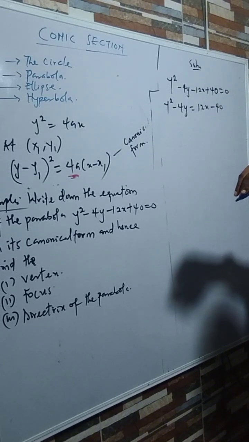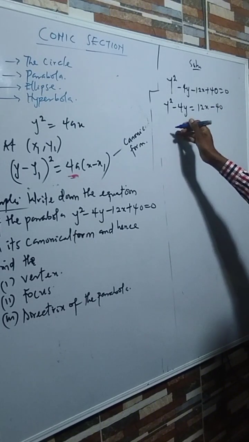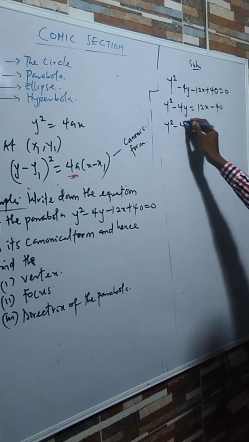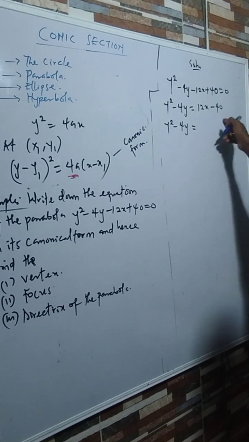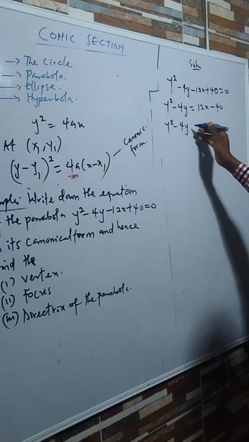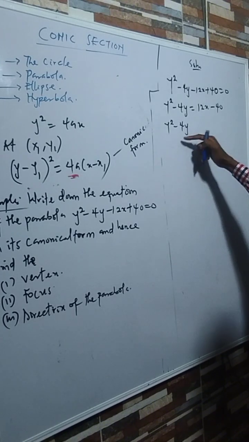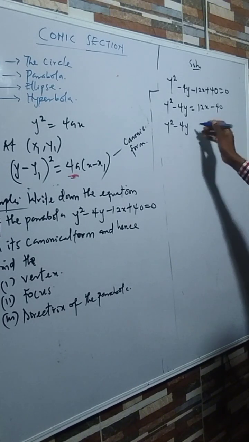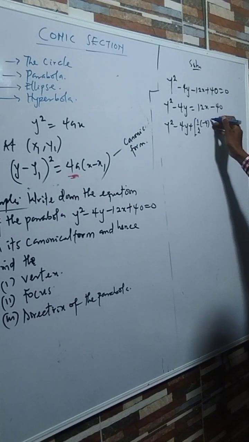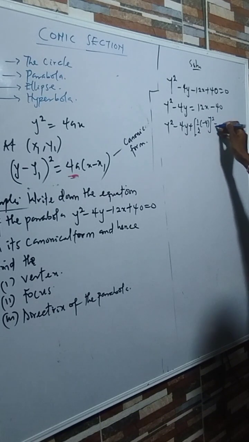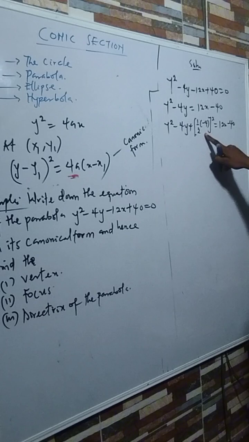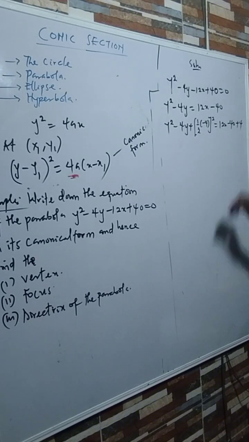So this will give you y squared minus 4y is equals to 12x minus 40. This is the incomplete form, so let's make it complete by adding 1 over 2 bracket minus 4 all squared, which is equals to 12x minus 40 plus 4.